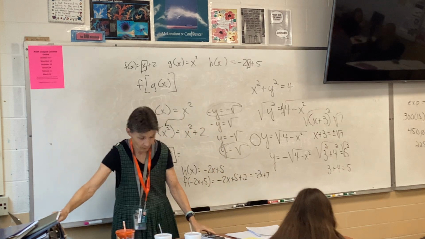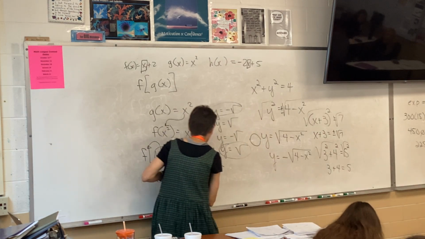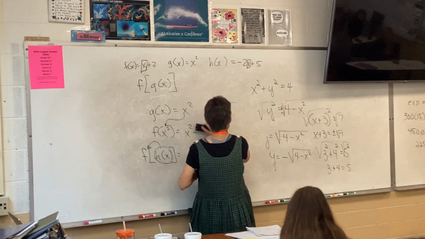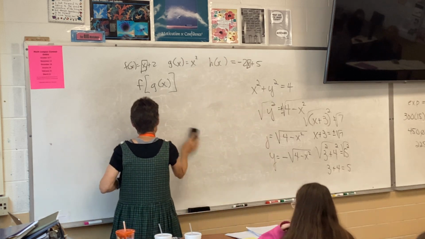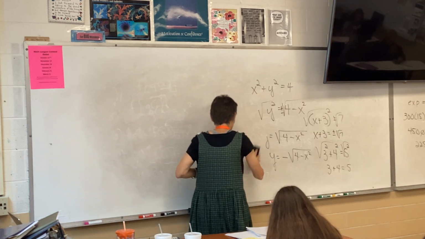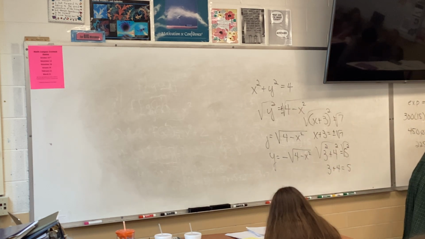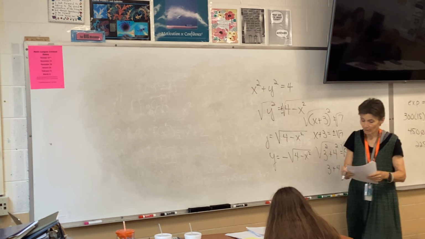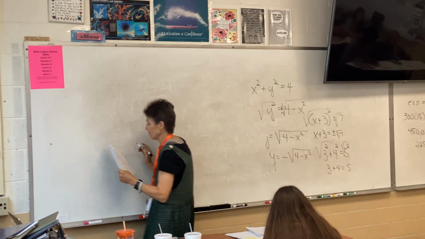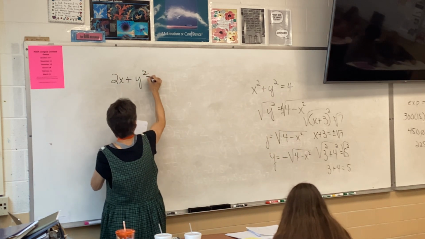Number 2, here we go. Anything with a y squared is not going to be a function, so you're not going to be able to just type it in on your calculator. What we're going to do with problem number 2 is exactly what we just did with problem number 1. We are going to get y by itself. So here we go. 2x plus y squared equals 8.